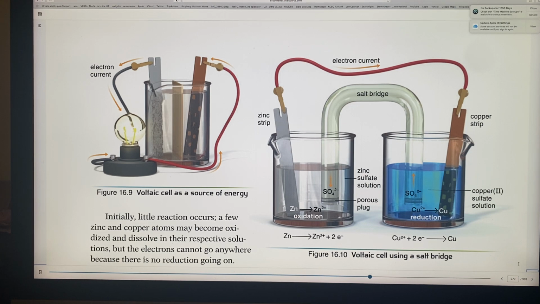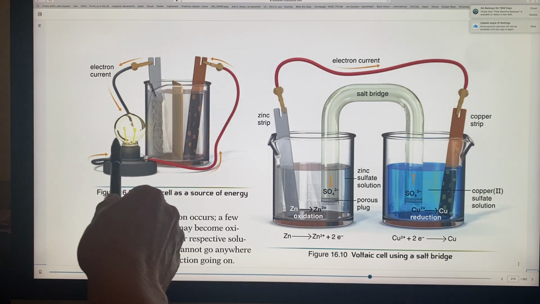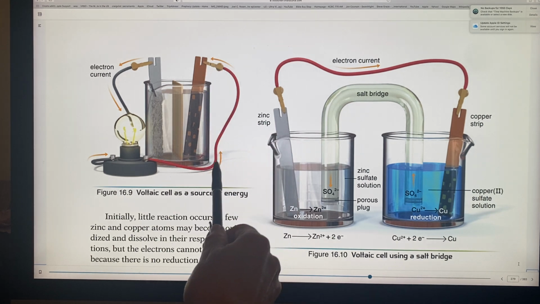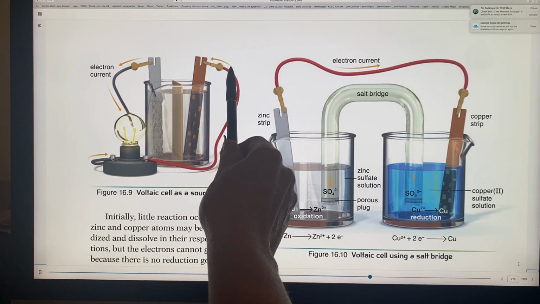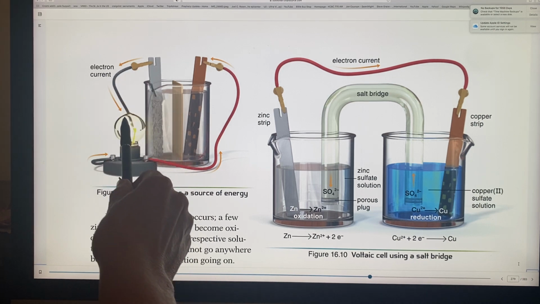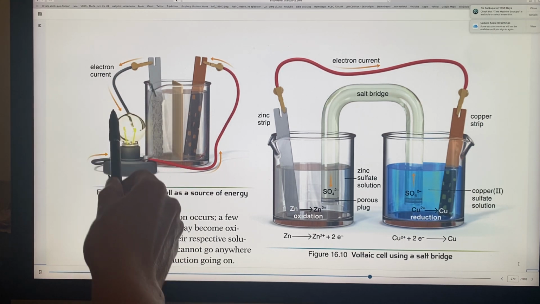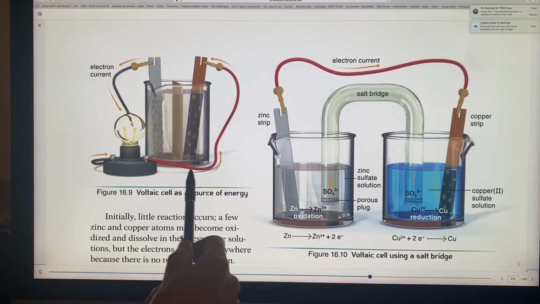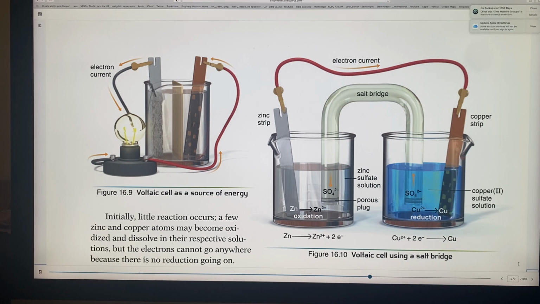In fact, here's the voltaic cell as a source of energy. So now it's not useless to us. Now we can take our batteries, and as we hook up the electrodes to the sides, and these are electrochemical inside of these batteries, all of a sudden we have this electron current going from the zinc, lighting up the light bulb, because electrons are traveling, electricity is traveling through here and lighting up the light bulb, and as it goes around back to the other side.